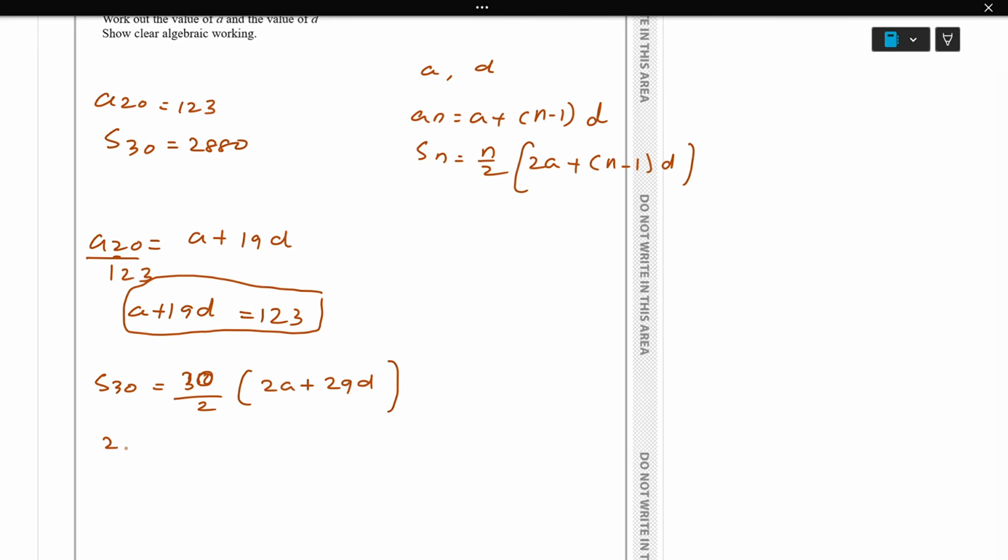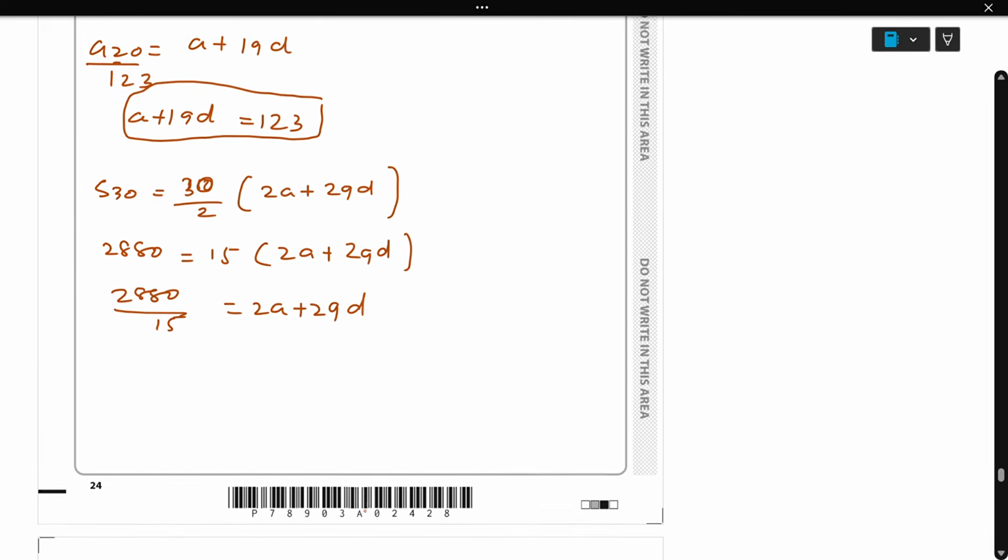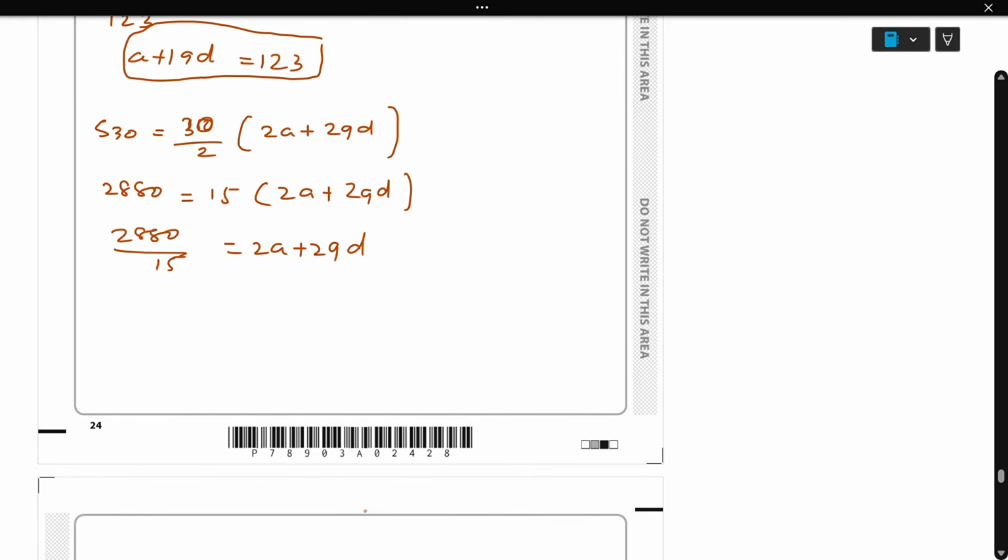Then we go for the second one. S30 equals, just substitute the formula, 30 over 2 into 2a plus 30 minus 1, which is 29d. S30 is given already as 2880. So 2880 equals 15 into 2a plus 29d.